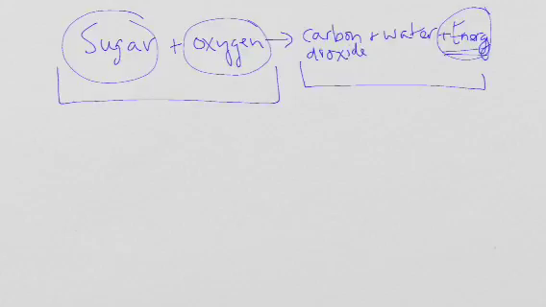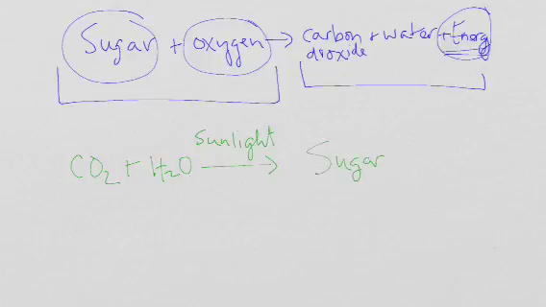The photosynthesis reaction involves taking carbon dioxide in the presence of water. Okay? Those two, when you combine them together in the presence of sunlight, give rise to sugar molecules and oxygen.